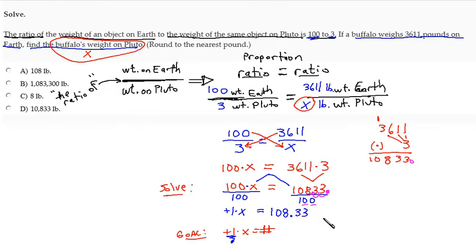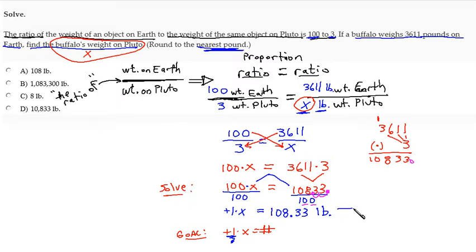108.33. The units that belong next to this number are the units that are next to the x in the original proportion. So this represents an amount of pounds of the buffalo on Pluto. Now we're being asked to round to the nearest pound.